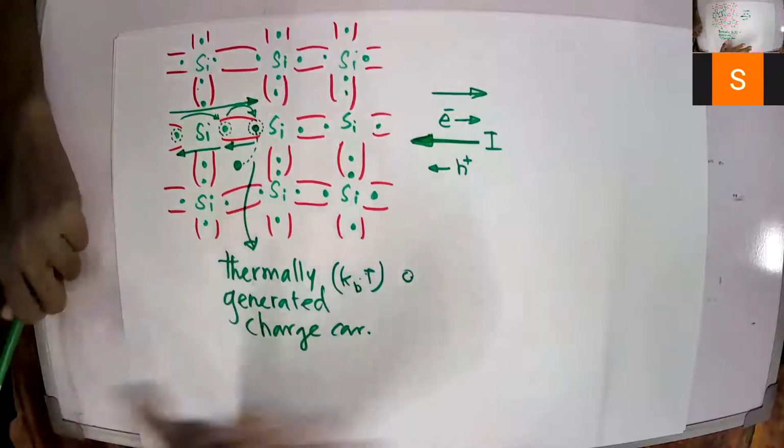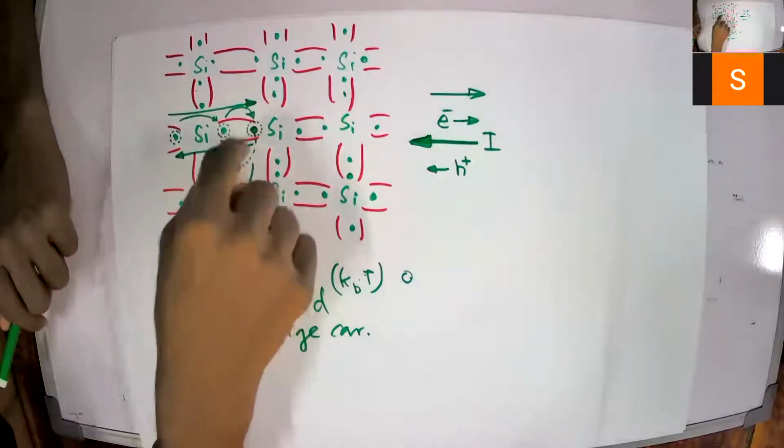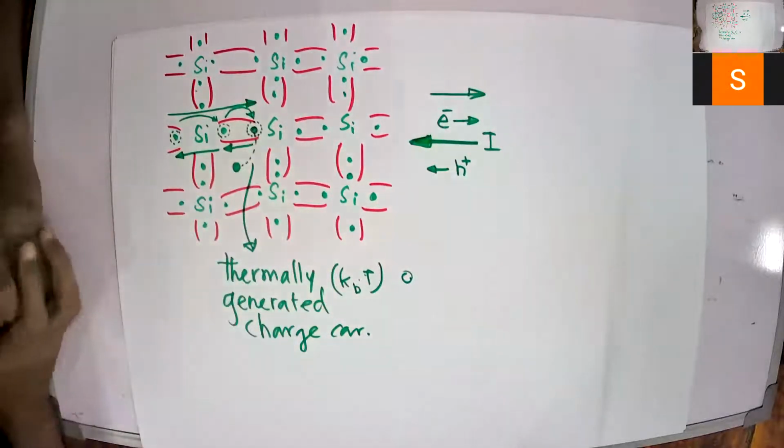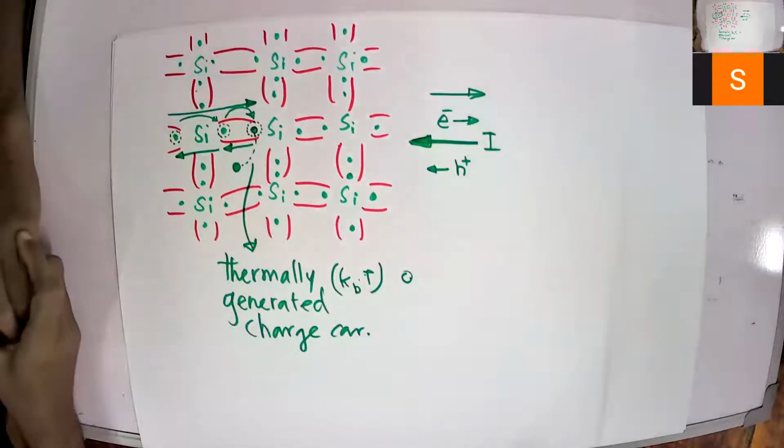At absolute zero temperature, you cannot have any thermally generated electron-hole pairs.